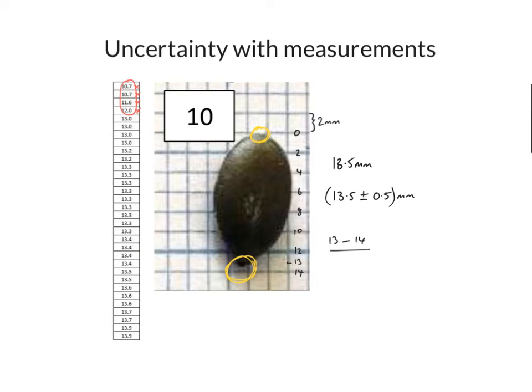But every single piece of measuring equipment has a certain level of uncertainty, and I'd have to decide in this experiment where I'm basically just measuring the length of seeds, is this level of uncertainty acceptable for what I'm doing, or do I need it to be smaller? If all the seeds were like 13.5mm long-ish, my uncertainty would probably be too big. But when we did this, they range from like 9mm up to like 17mm anyway, so it didn't really matter.